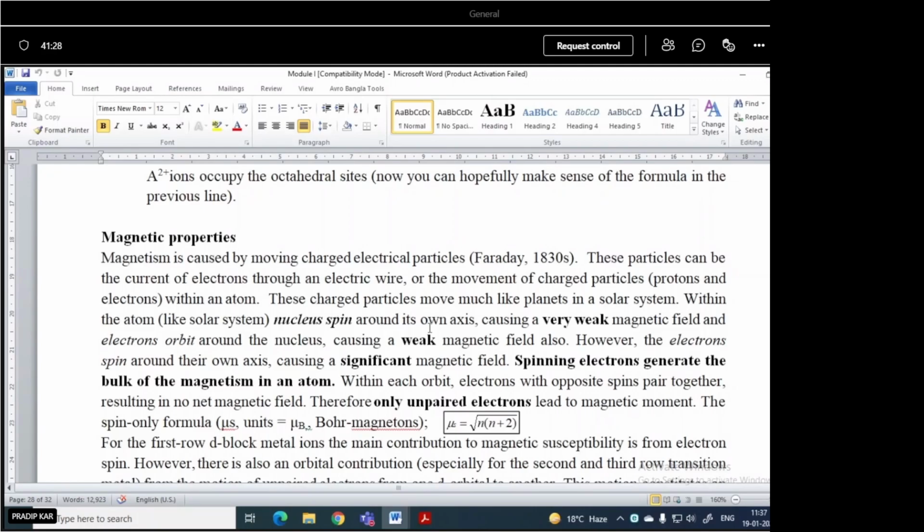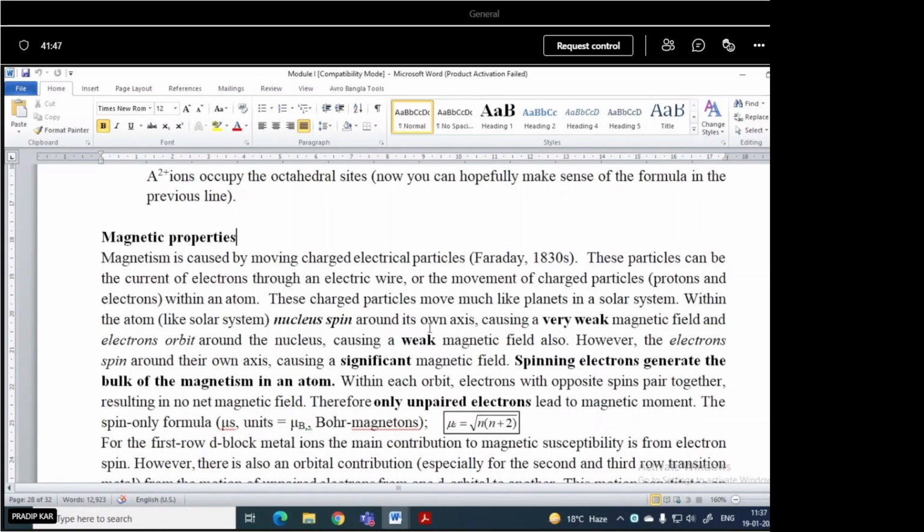I mean to say that if two electrons are paired up, one is rotating in one direction and the other in the opposite direction. So those two create a magnetic field, but one cancels out the other.